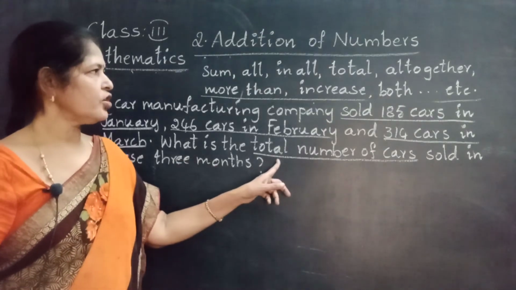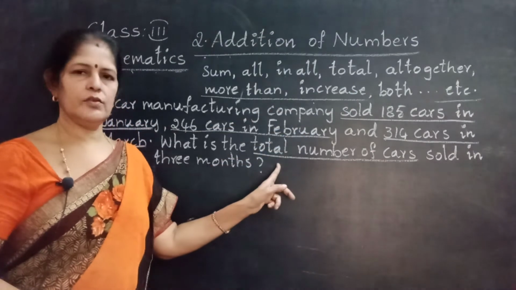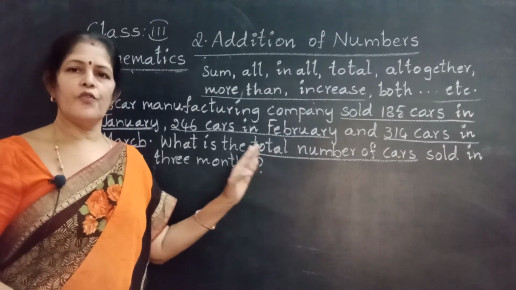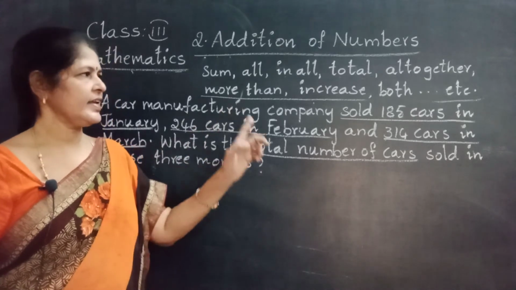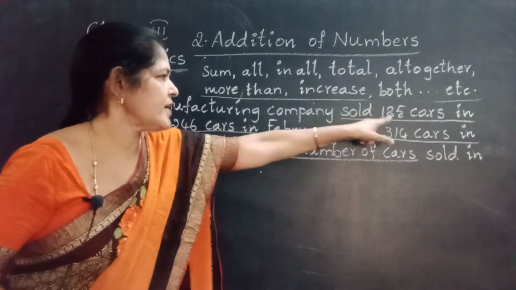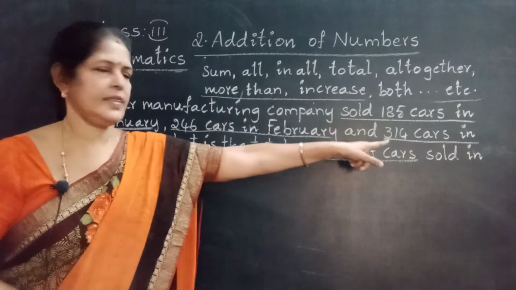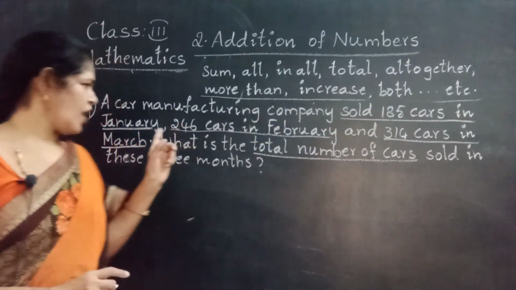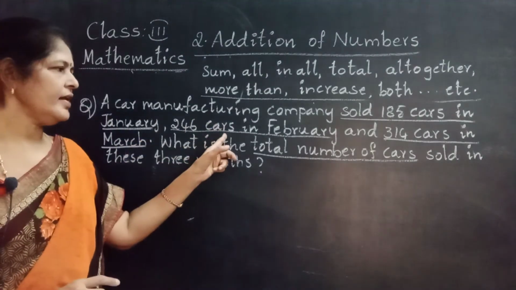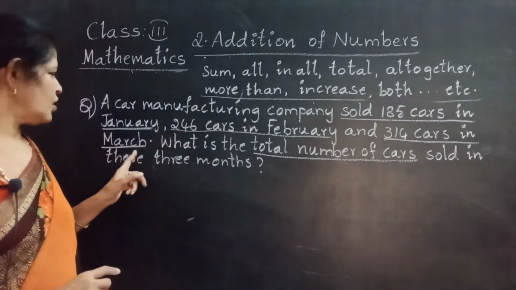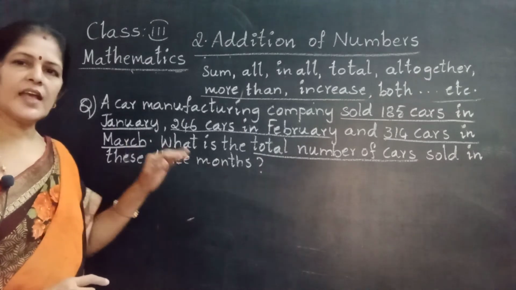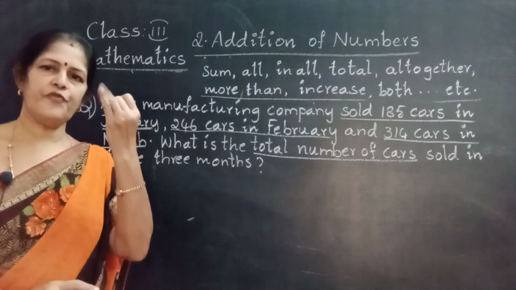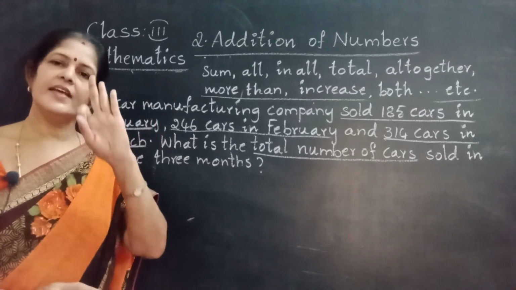Here the addition word is total. We get the total by addition. Here 3 numbers are given: first number, second number, third number. Cars sold in January, cars sold in February, cars sold in March. Total number of cars sold in 3 months: January, February, March together.